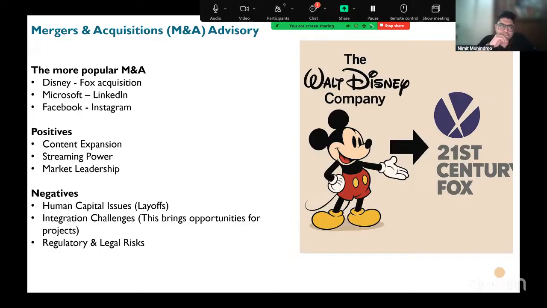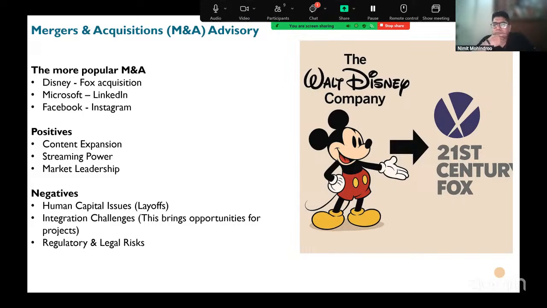As we know, Microsoft has now gone way deep into LinkedIn Learning and again streaming power as well. With the reach of Fox, Disney now has a very large footprint within that market space with different markets.